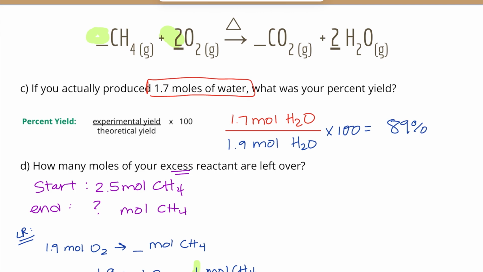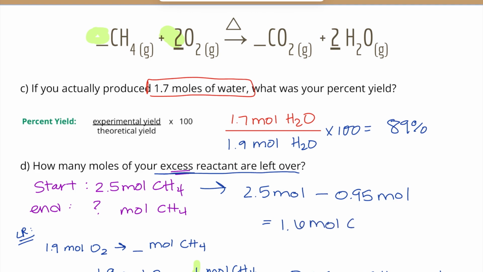And we get 0.95 moles of CH4. That's how much is used. So if we want to figure out how much is left over, well, we started with 2.5 moles. We are using 0.95 moles, so we can subtract those, and we're going to get 1.6 moles of that CH4 left over.